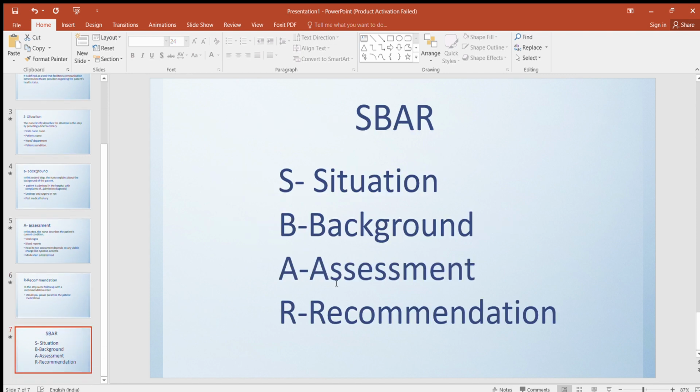So I think all of you understand this SBAR. S stands for situation, a brief summary of the situation, B for background, any medical background of the patient, mainly with the admission diagnosis, and A for assessment. The nurse is assessing at the moment, so that is included in the assessment.